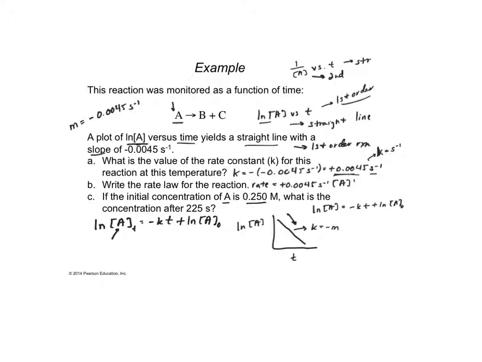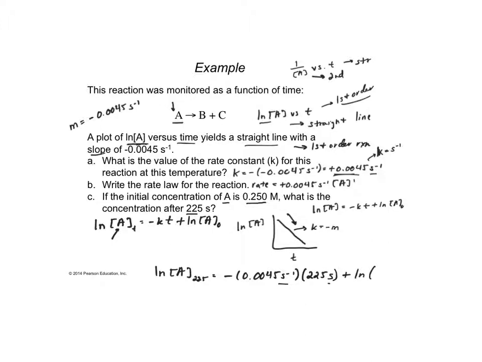Okay. All right, so ln of A at 225 is equal to minus 0.0045 seconds inverse times t, which is the time that we're solving for. So this is 225 seconds. The only thing to note here is making sure that our units are correct. Sometimes they'll give you time in hours and you'll have to convert, but the units are correct here, so we can just plug it in directly.